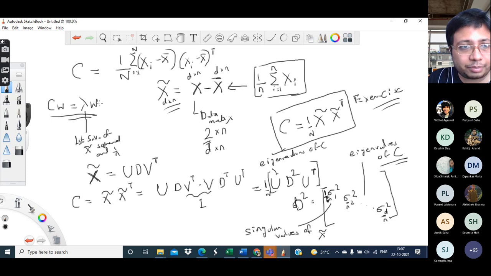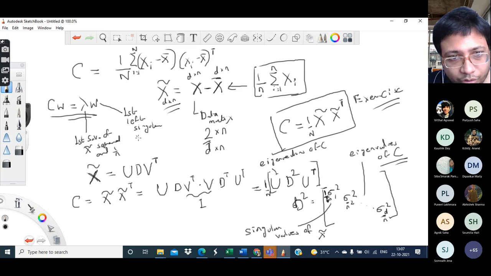And similarly, this W is nothing but the first left singular vector of x tilde.